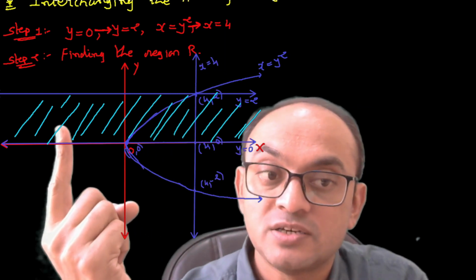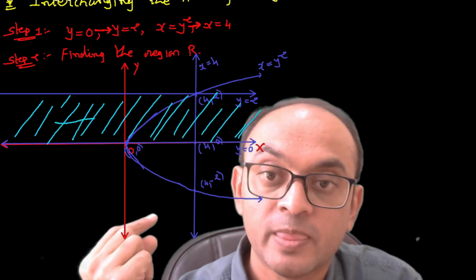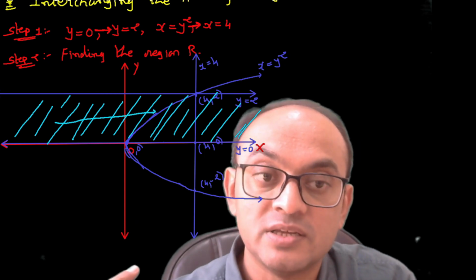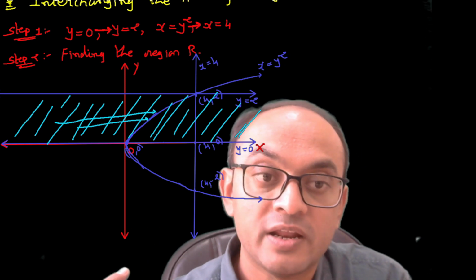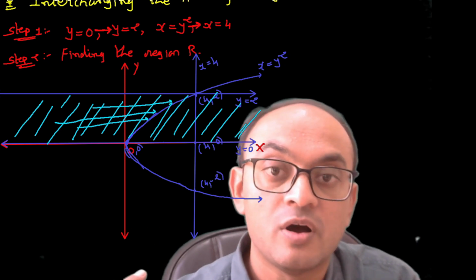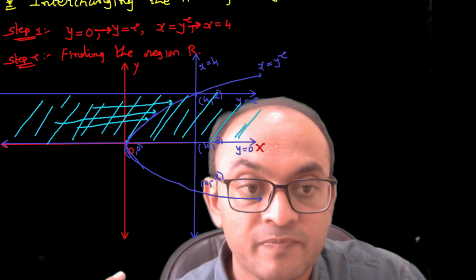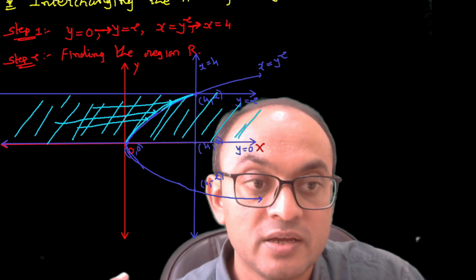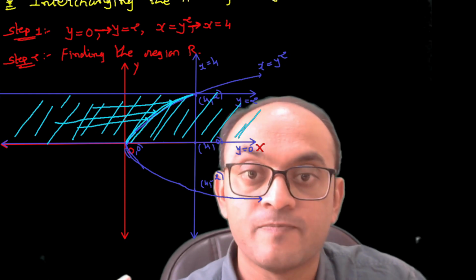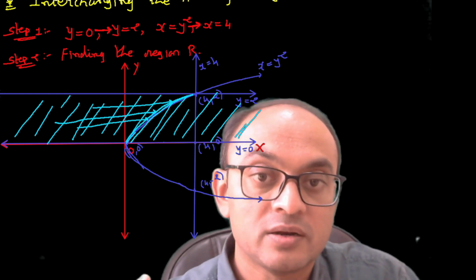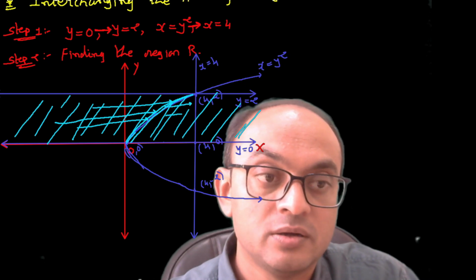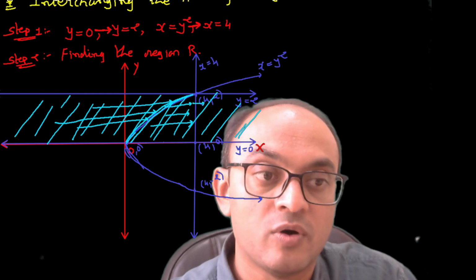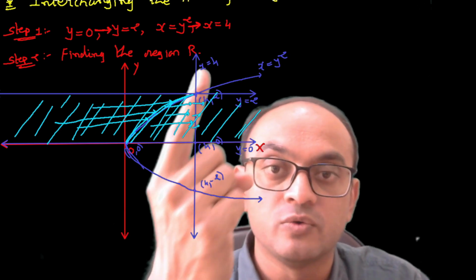So let us start walking horizontally. Yes, we are entering from the curve x equal to y square. That means this portion of the curve x equal to y square is the start of my region, right? We continue our journey inside the region and we exit from this line x equal to 4.